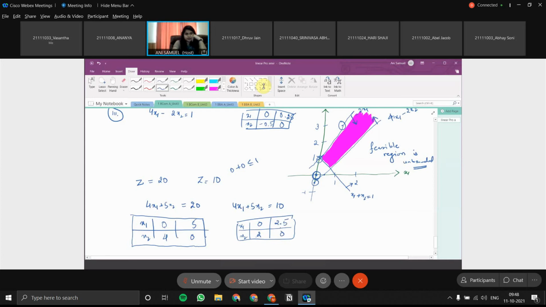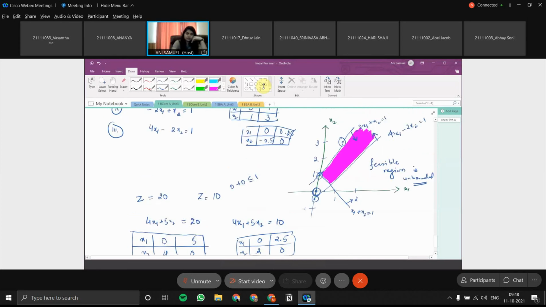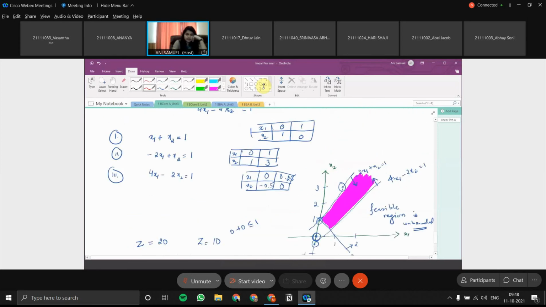So these are your points. You have to put it as a different line here. 0 to 2.5. Okay, so this is possible to make here itself. So this is 2 and 2.5. So this is my one line, which is z is equal to 10, right?